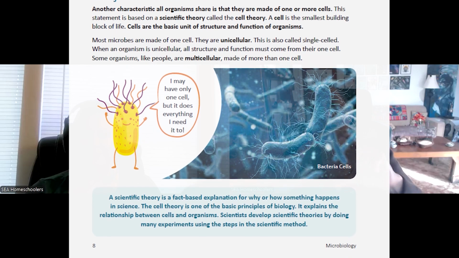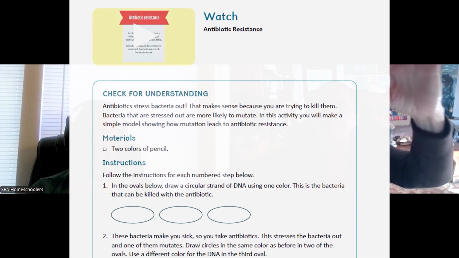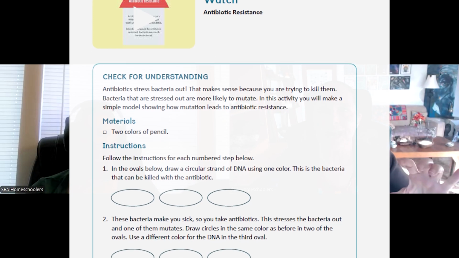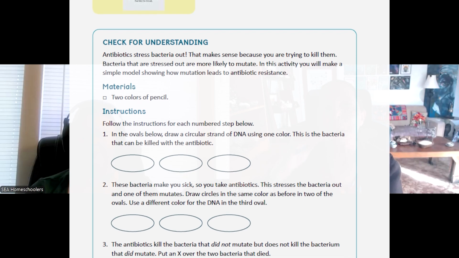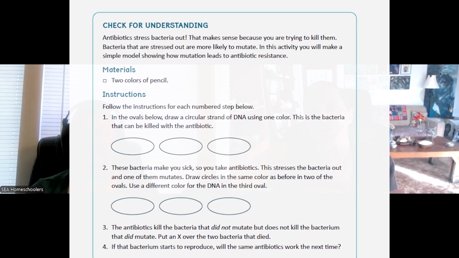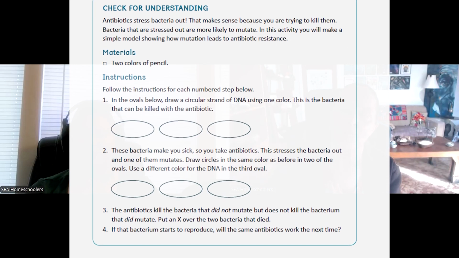And so these checks for understanding come after a complicated piece of science. The check for understanding is basically my way of saying, let's stop right there and make sure that you understood what you just read.